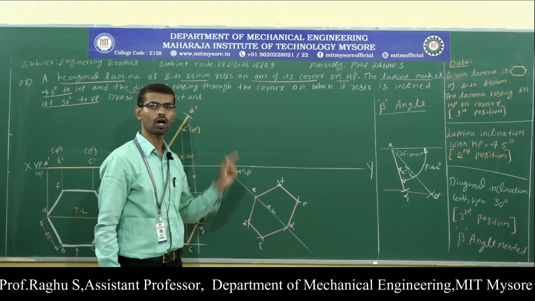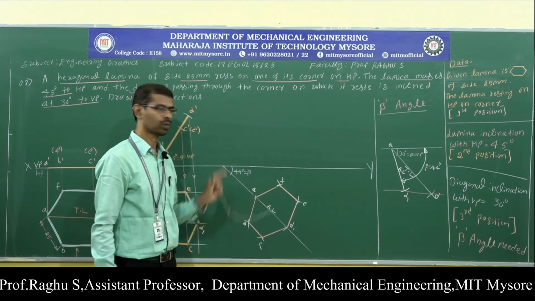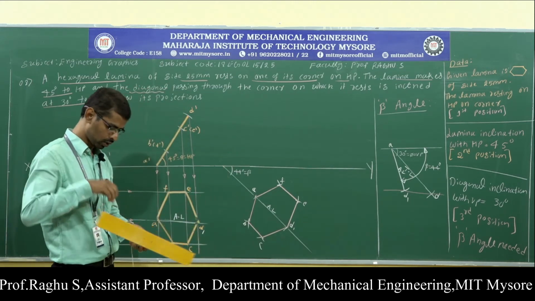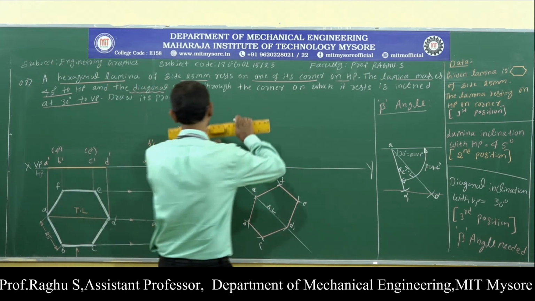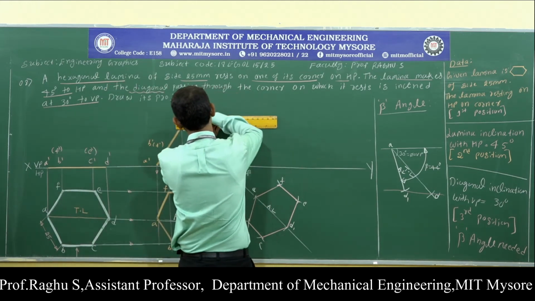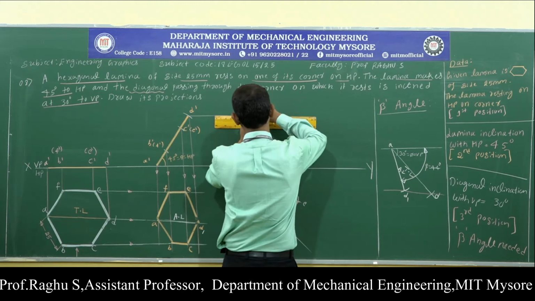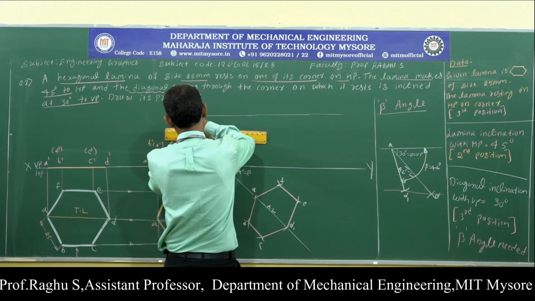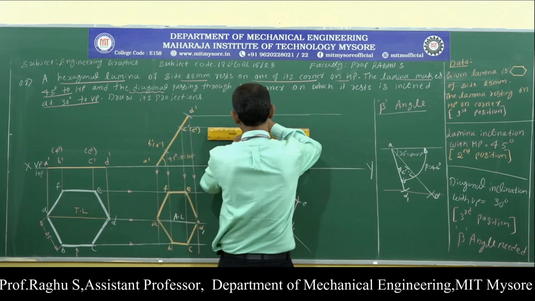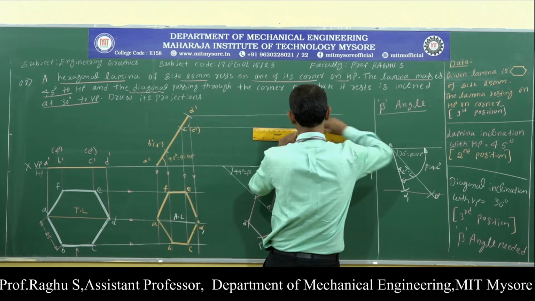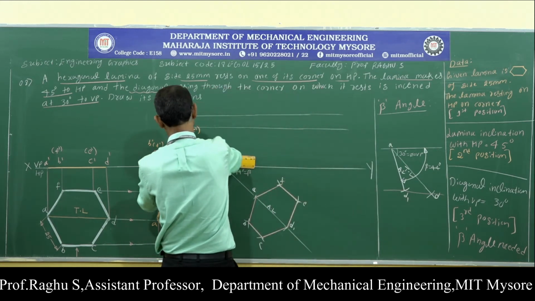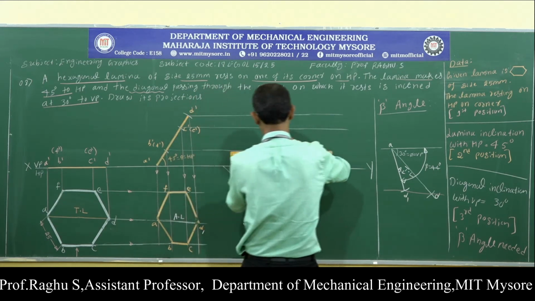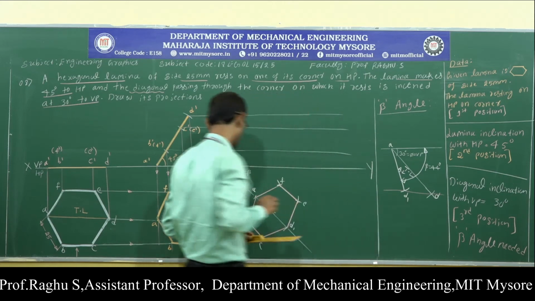Next, draw the horizontal projections and vertical upward projections to get the final view. First, I am drawing the horizontal projections from the second position front view using thin lines.